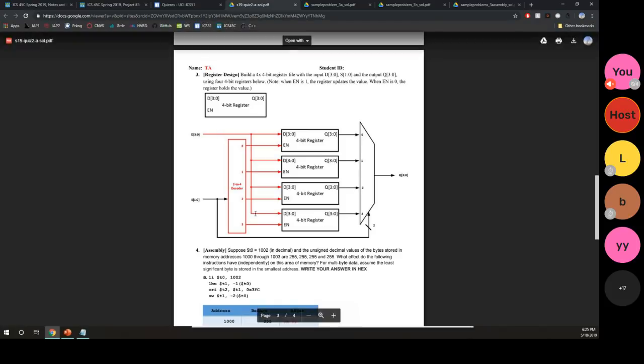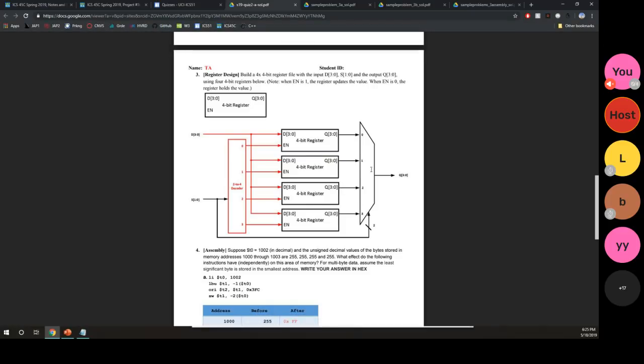This is literally part of a register file, because you have multiple registers and a decoder, which chooses which register. This selector would be your address, which chooses which one you're going to. A register file is literally just a bunch of registers together. That's all it is.